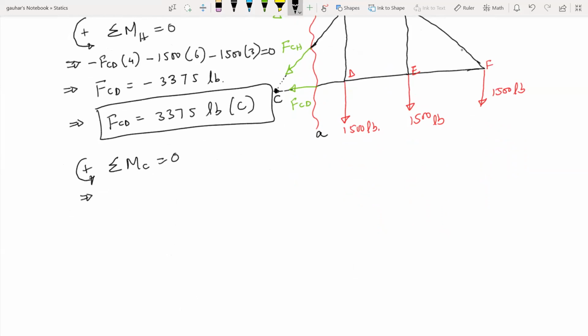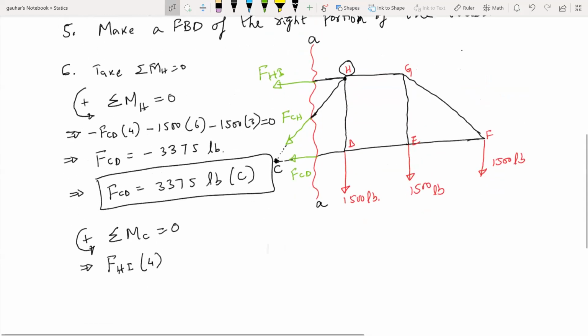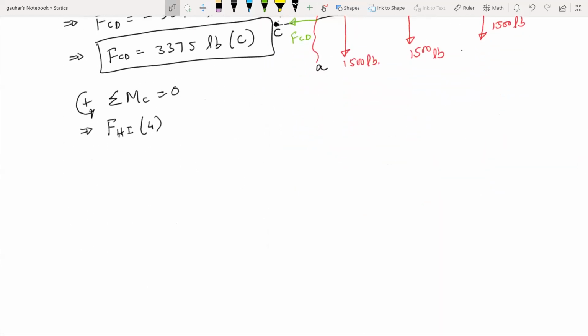So if you do that, we have only one unknown, FHI times 4, because it's creating a counterclockwise moment at point C. Then you have a clockwise moment from all the three external forces.